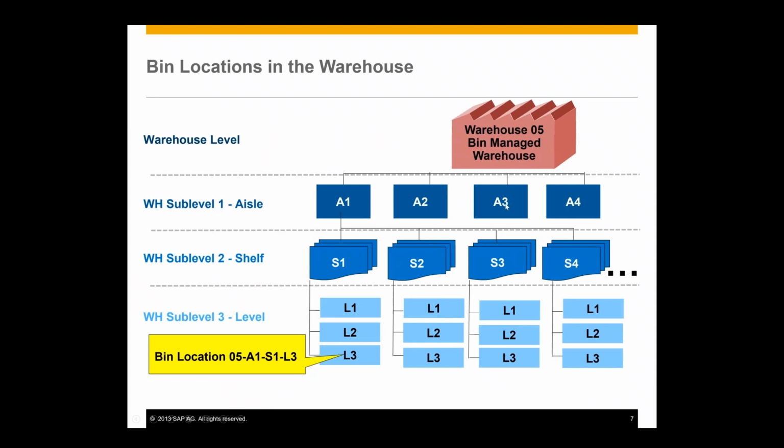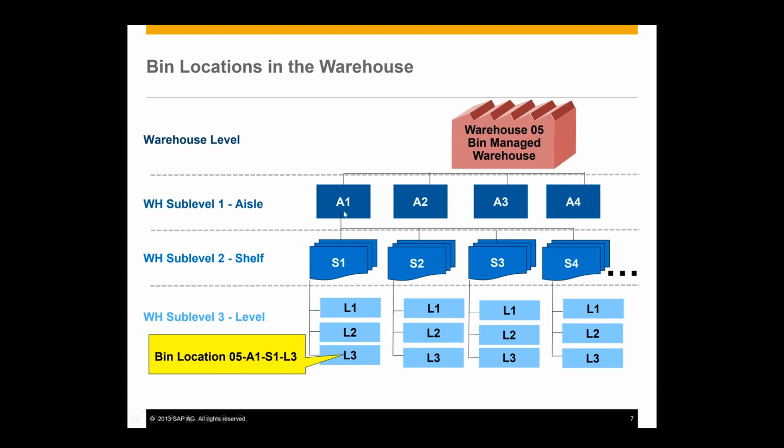Underneath that, I could have different rows or aisles, in this case aisle A1 through A4. Underneath each aisle, I can have shelves, S1, S2, S3, S4. You can have as many shelves as you want. And within each shelf, you can have specific levels of the shelves.